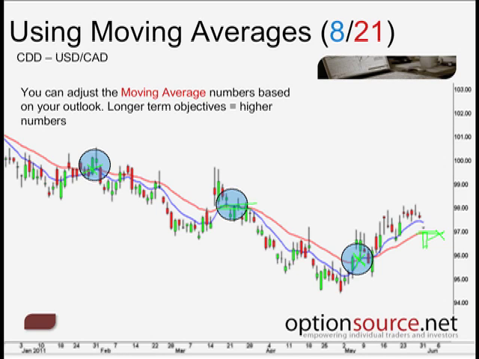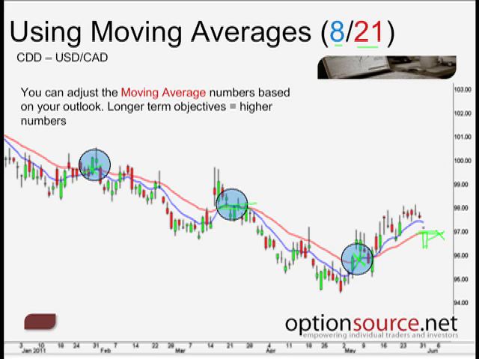And just an important consideration for your moving averages as well. As I mentioned, I have on here my 8-bar and 21-bar moving averages, 8-bar is blue, 21-bar is red.